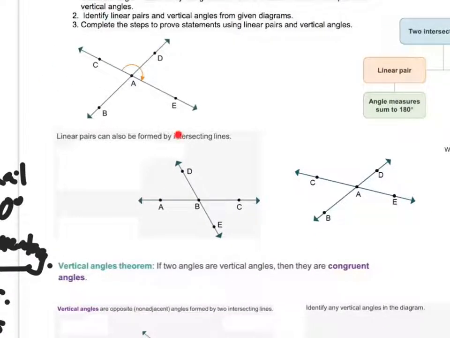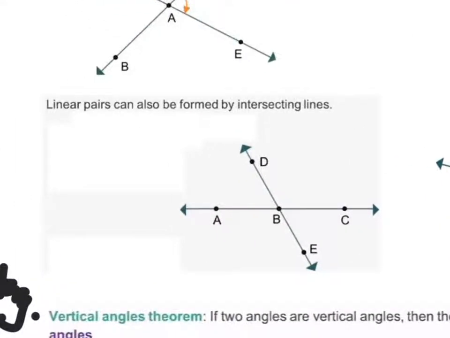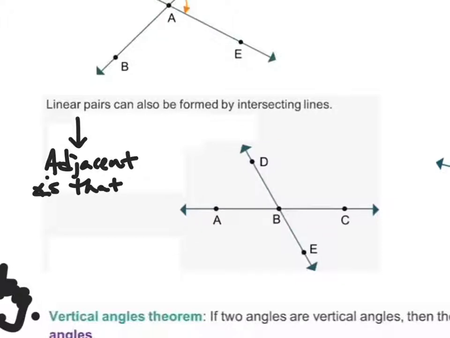All right, so linear pairs can be formed by intersecting lines. We've already kind of talked about this. These are adjacent angles that create a line. So for example, if I have angle ABD and angle DBC, those are adjacent angles, and when you put them together, you create a line here.